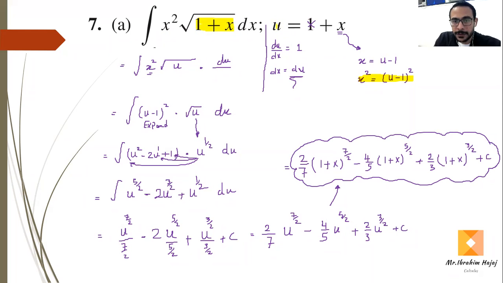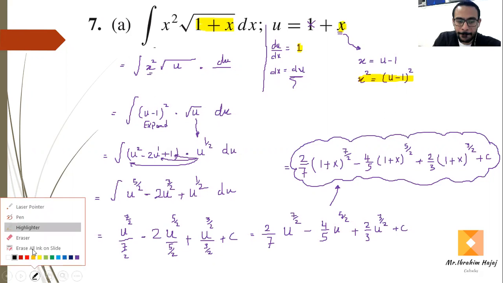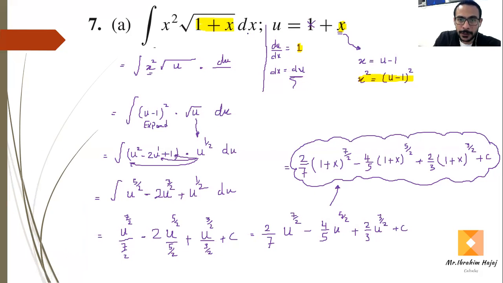The derivative du over dx equals the derivative of x, which is 1. Cross multiplication gives dx equals du. So we also change the dx by du.